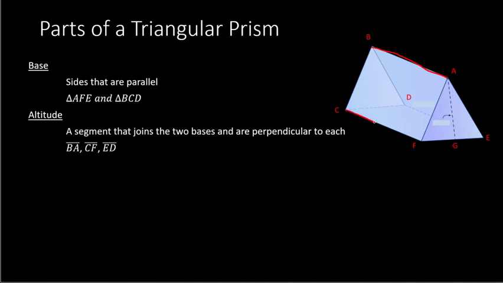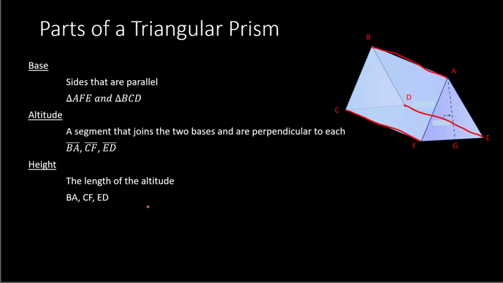So from C to F, that's also connecting the two bases. It's perpendicular. DE is another altitude. Any of those would be altitudes. And the height is the length of that. So they're kind of used interchangeably, height and altitude. But the length of the altitude would be the height. So BA, CF, or ED, the length of those segments would be the height.